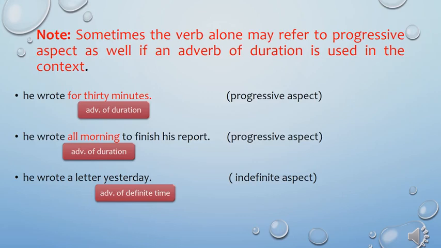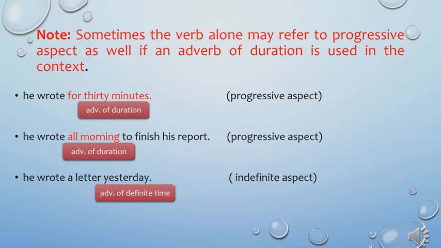If the adverb that is used in the same sentence is an adverb of definite time, like yesterday, last month, 3 hours ago, etc., these adverbs are called adverbs of definite time. They indicate that an action happened and finished. So, yes, the aspect is indefinite or simple aspect.